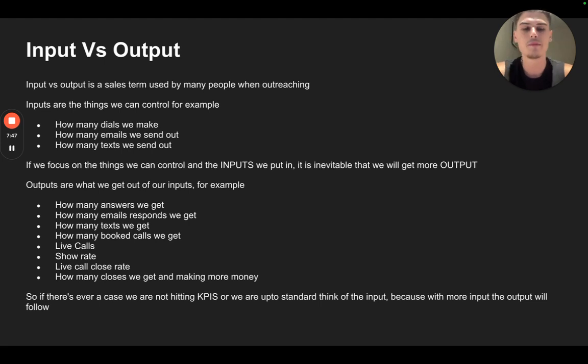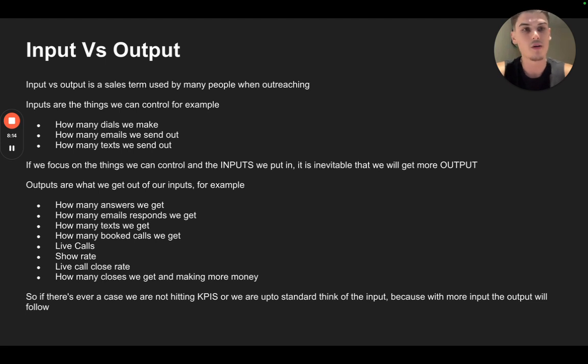And there can obviously be constraints. You may get a bunch of booked calls on a calendar and, for example, book 10 people and only 5 of them show up, right? So that's a 50% show rate, basically cutting your calls in half, which is not the greatest.